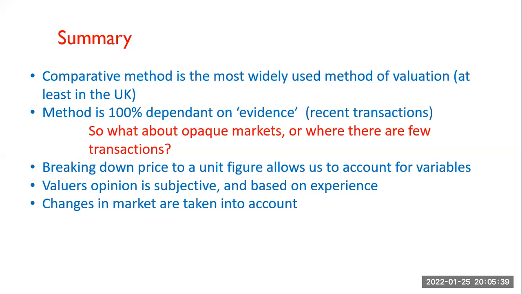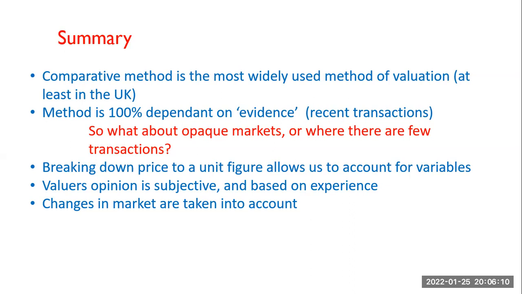We can also break down the price into units to allow us to account for variables. For example, if we're going to look at a shop property on a high street and we want to value another shop property nearby, or we have evidence of a shop property nearby and they're different sizes, we can try and work out on a per square foot basis the value of that other property and apply it to ours.